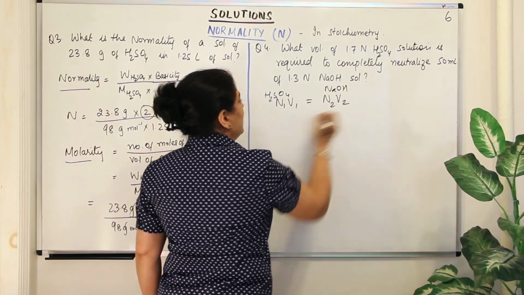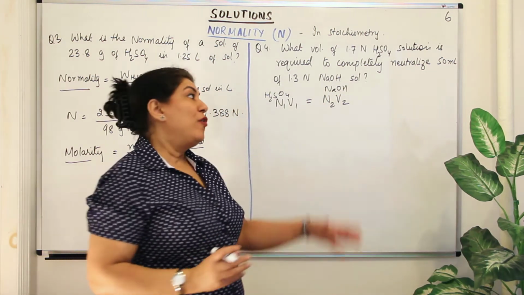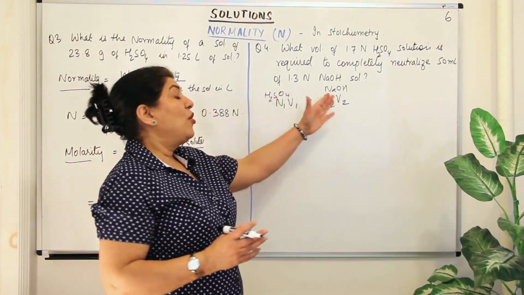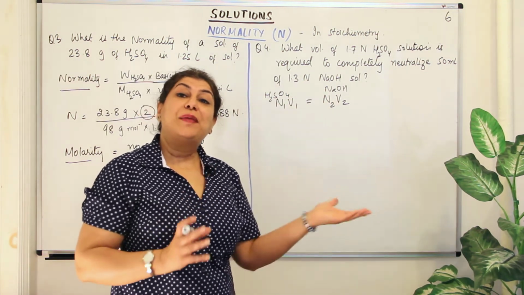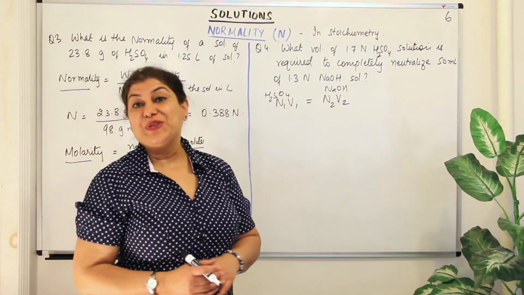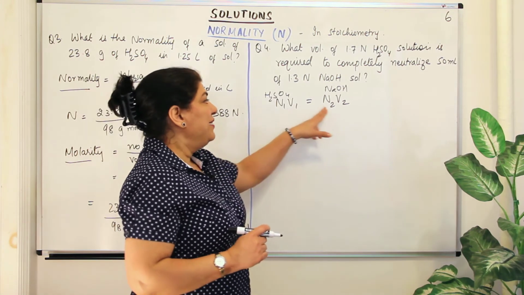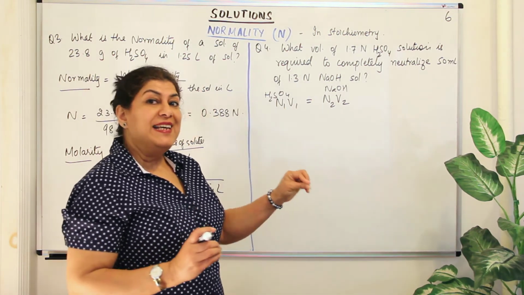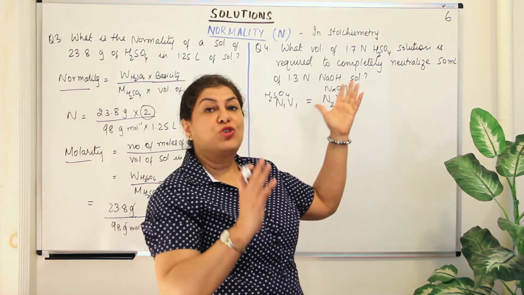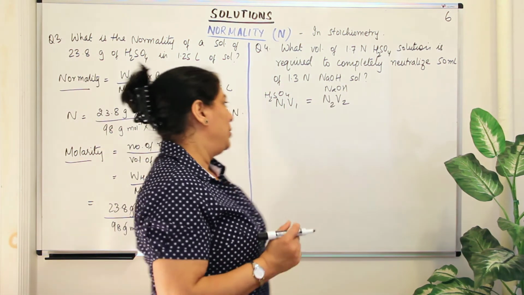So this equation should be valid for a neutralization reaction of this kind, where the basicity of the base or the acidity of the acid may not be the same, yet N1V1 would be equal to N2V2. Because when you have the same normality, the number of displaceable cations and anions, their strength, automatically becomes equal.